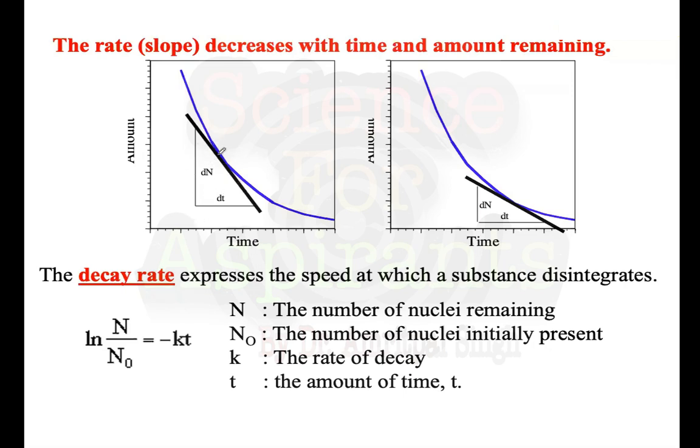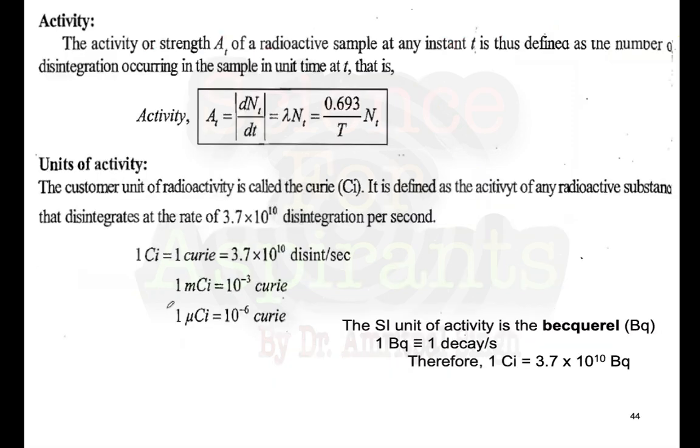You can see that at this point in time the decay rate has a higher value, and at the end of the reaction its slope decreases with time. Similarly, we can calculate the decay rate from the decay constant.